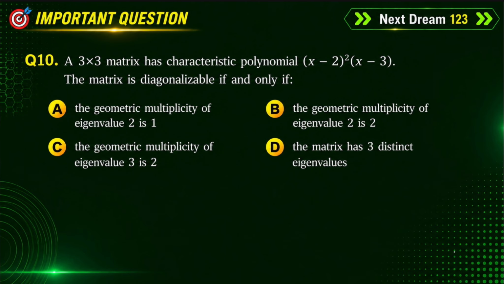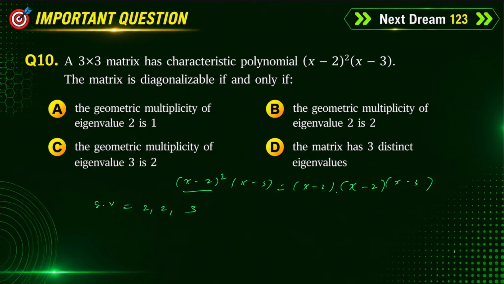You should remember that the characteristic polynomial is given as (x minus 2) squared times (x minus 3). It can be written as (x minus 2), (x minus 2) and (x minus 3). From here, what are the eigenvalues we get? 2, 2, 3.